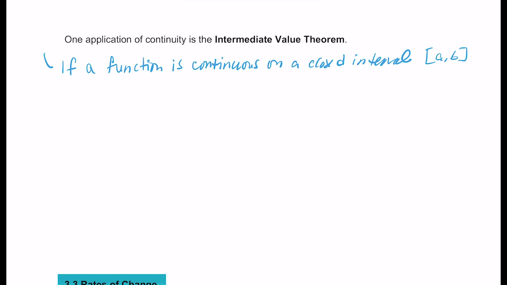We talked about closed intervals. A function's continuous on a closed interval when it's continuous on the open interval, and when you check the limit from the right and the limit from the left.